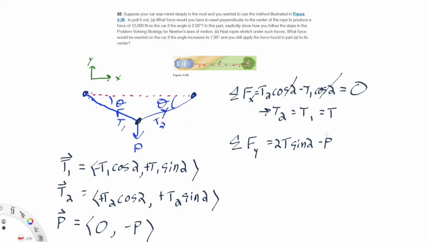So anyway, that's a fancy way of justifying that the sum of forces in the y direction is also 0.